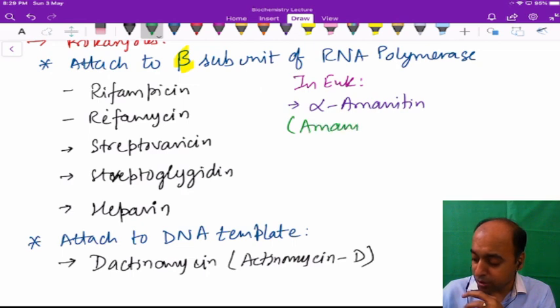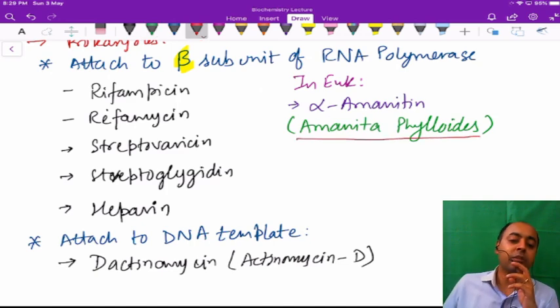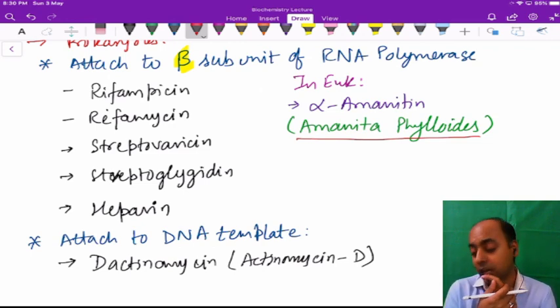It is obtained from the mushroom Amanita phalloides. This is the additional point which you have to remember, and it is able to inhibit the transcription in the eukaryotes primarily by blocking the RNA polymerase 2, but also it can inhibit the polymerase 1 and the polymerase 3.